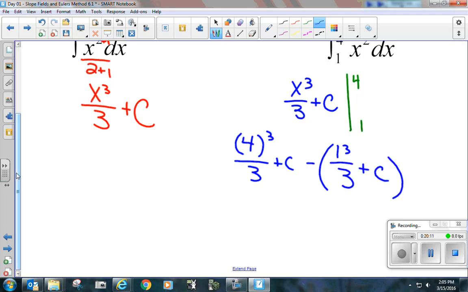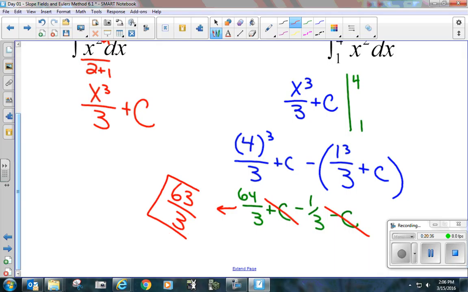What happens here? Well, this turns out to be 64 thirds plus c minus 1 third minus c. So what happens? The c's cancel. So this is going to end up being 63 over 3. Oh, so you could put this here. You could, but you don't need to, it cancels out.